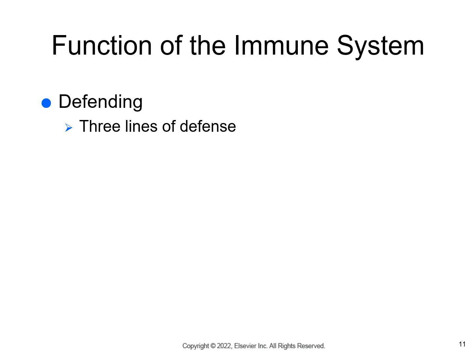Taking just the defending feature of the immune system function, there are three lines of defense. The first would be preventing a foreign agent from entering the body in the first place, and this is keeping the skin from being broken and mucous membranes from being damaged and that kind of thing.